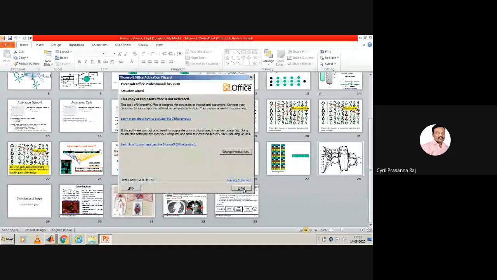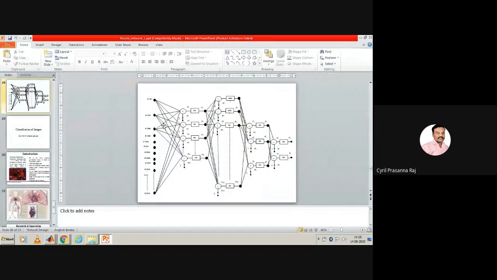So this is the network that we are trying to see here. We have taken input as 256. Then we have the first hidden layer, second hidden layer, third hidden layer. But here we have a 4 layer network.